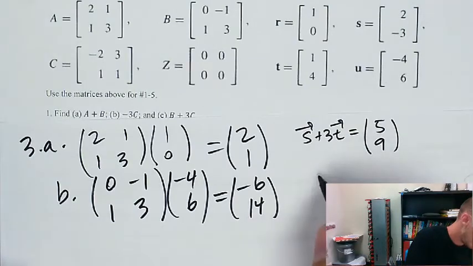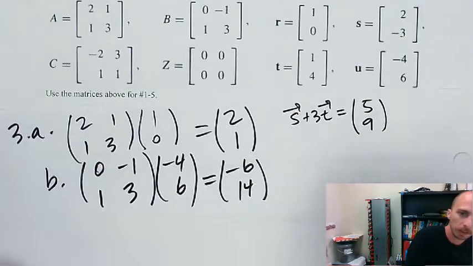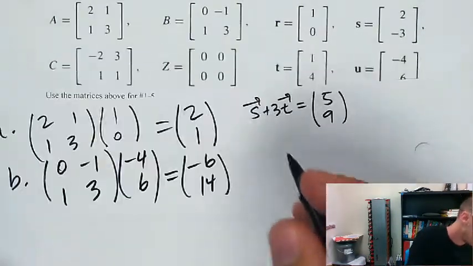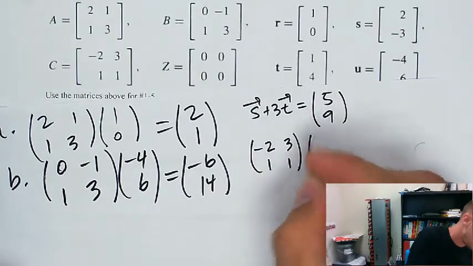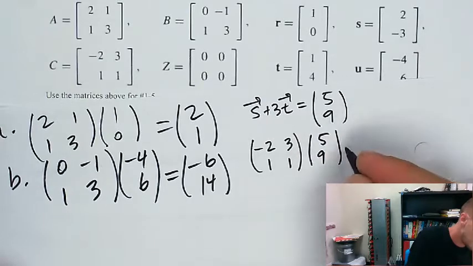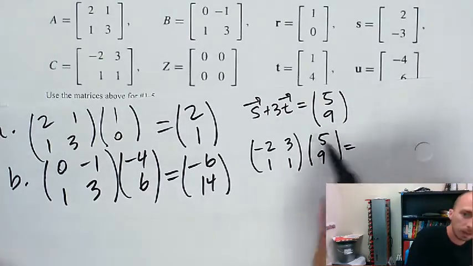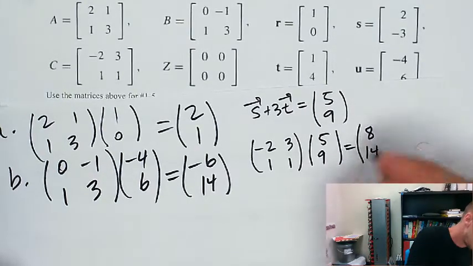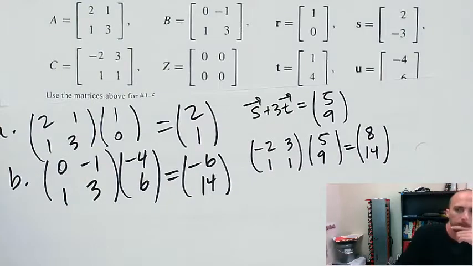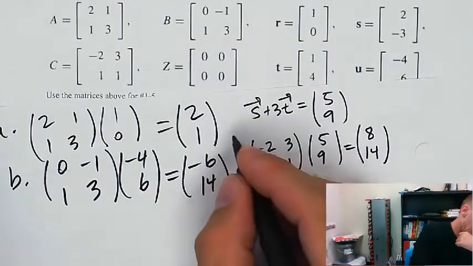Now, if I want to multiply C by that, let me make sure we're shot. 2, 1, 3, 1 times 5, 9 is going to be, we got negative 10 plus 18 plus 9. Okay. And yeah, that was 3C.